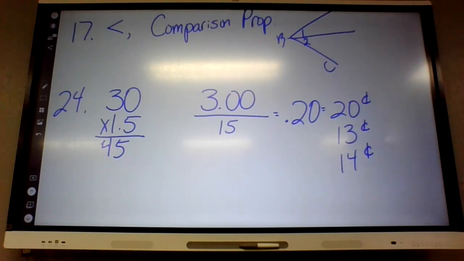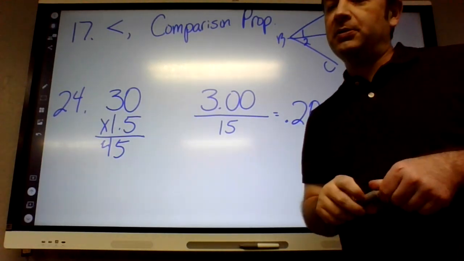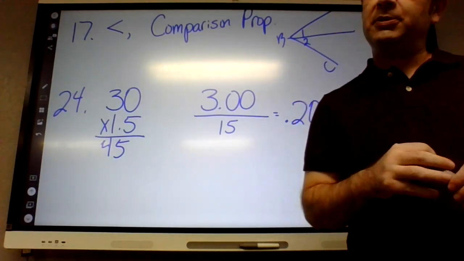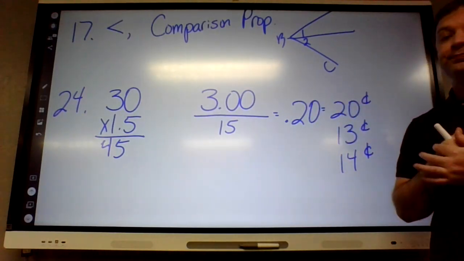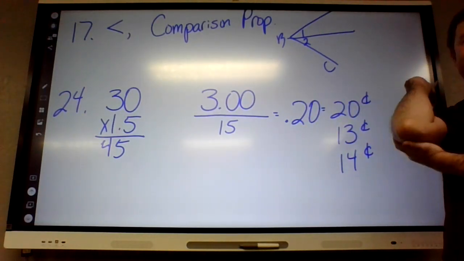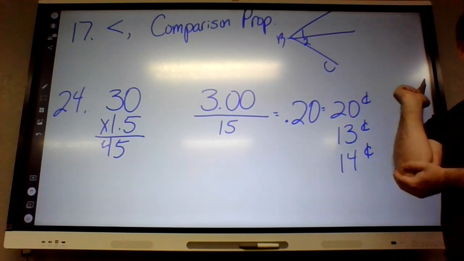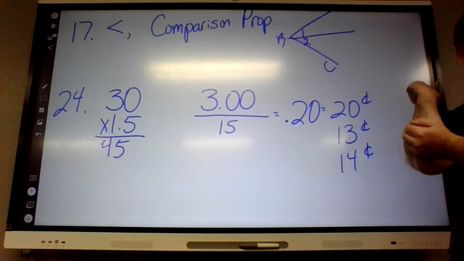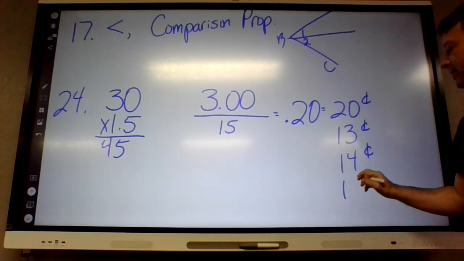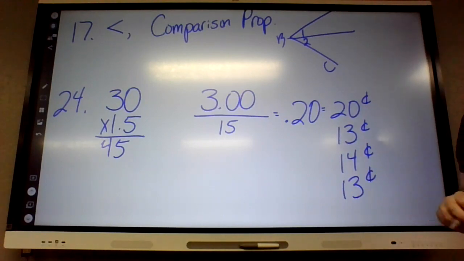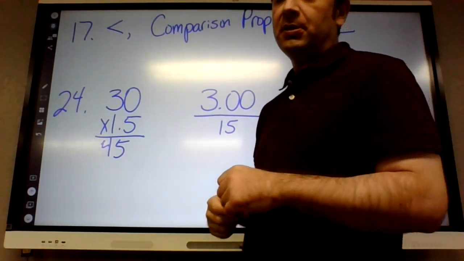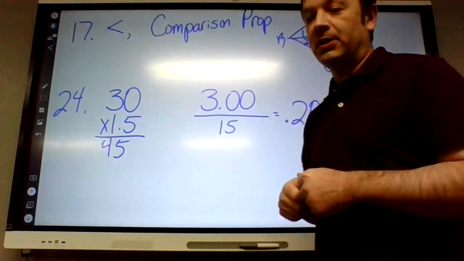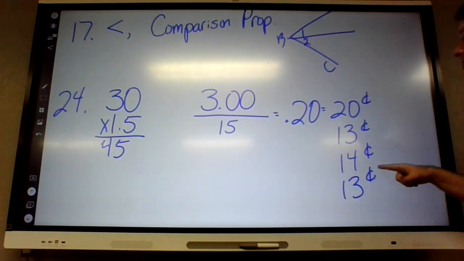Okay, how much are we paying in the extra large bag? 13 cents. Okay, so the question on A was, what is the lowest cost per cup that we could get? 13 cents.